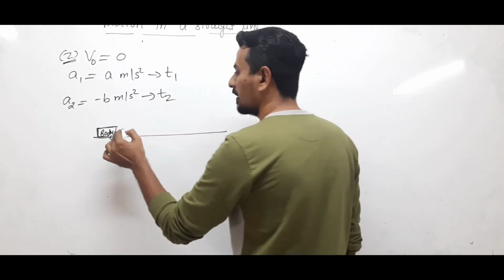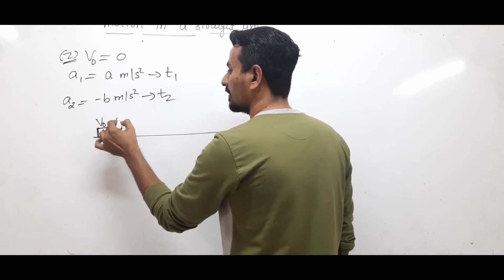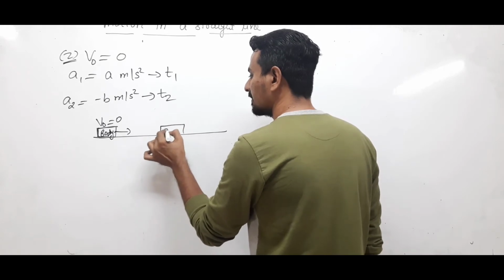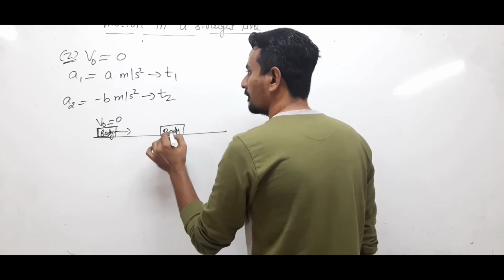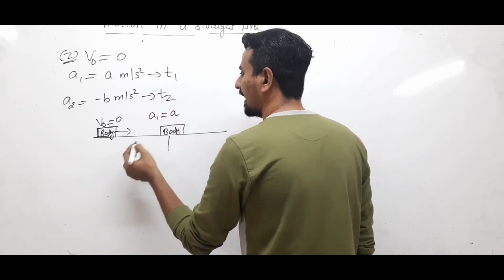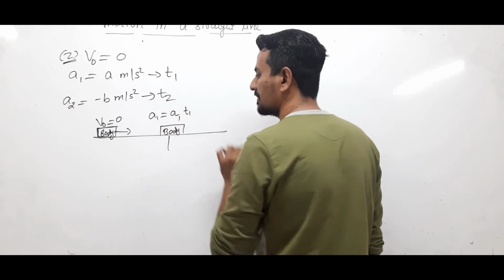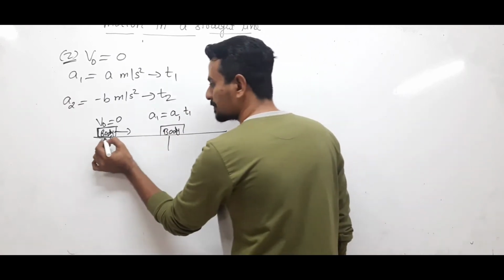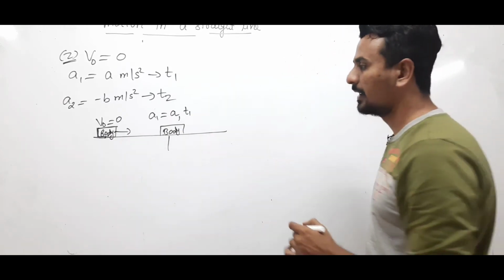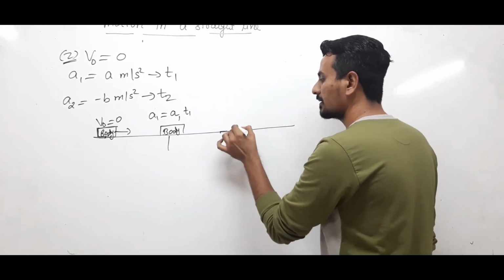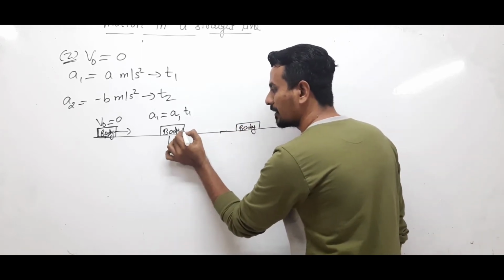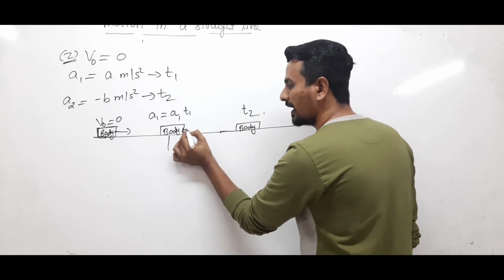See, there is a body. Initially it is at rest. Let us say it is accelerating with acceleration of a for any time, till time t1. That means from this point to this point, the body is increasing its velocity uniformly, and then from time t1 to time t2, the body is retarding.